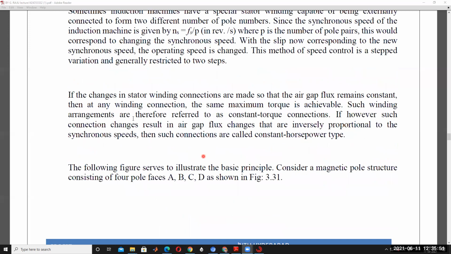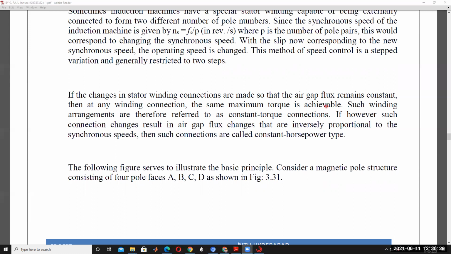Consider that the changes in stator winding connections are made so that the air gap flux remains constant between stator and rotor. Then at any winding connection, whether two-pole or four-pole winding, the air gap flux remains constant, and the same maximum torque is achievable. Maximum torque is also constant.